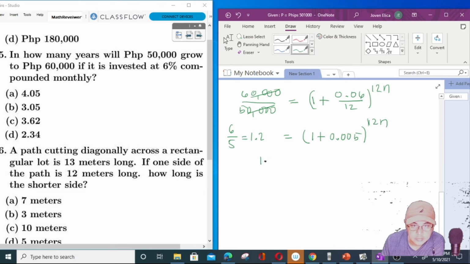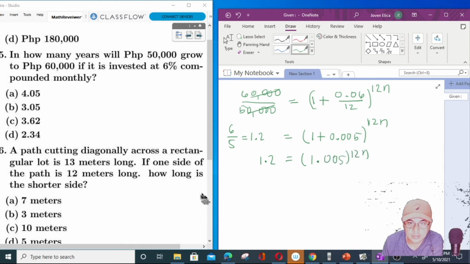So therefore 1.2 is equal to 1.005 raised to 12n.